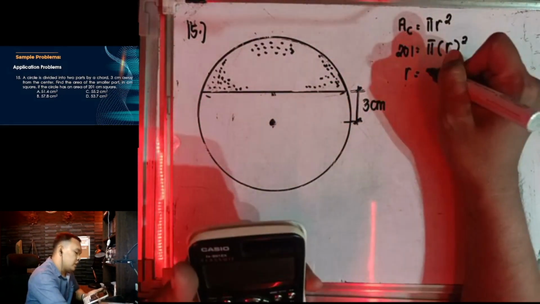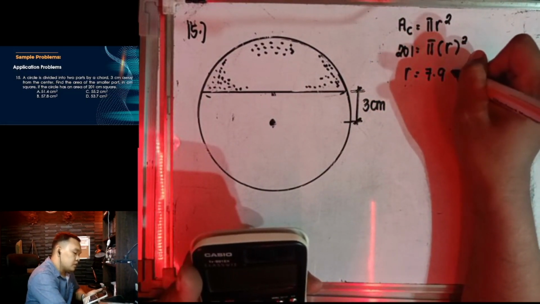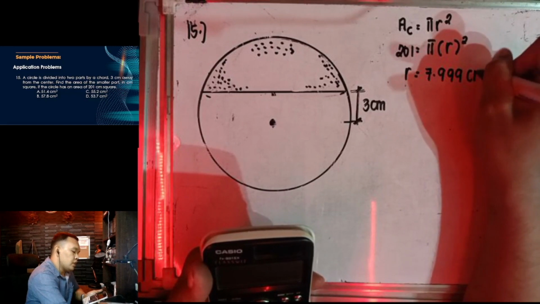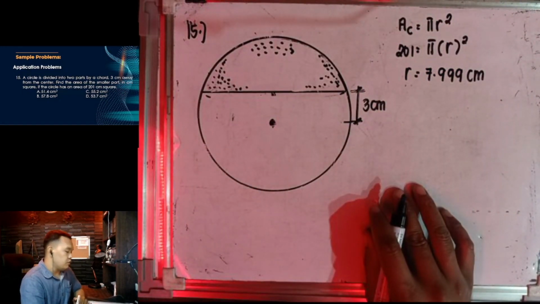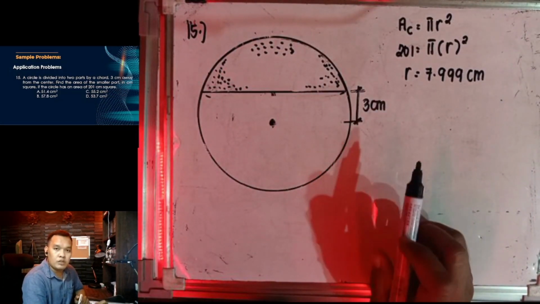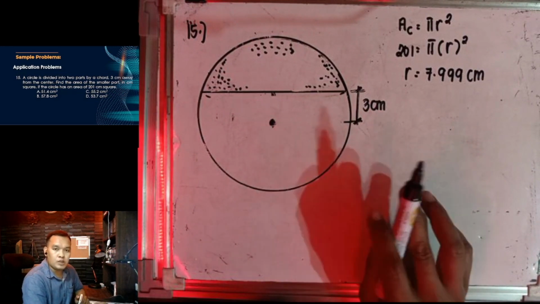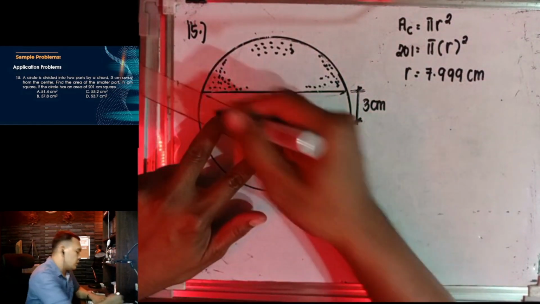So, we have here 7.999 centimeter, which is the radius of r. So, to get the value of the area in this part, kailangan natin kunin yung area ng sector minus area ng triangle, no?